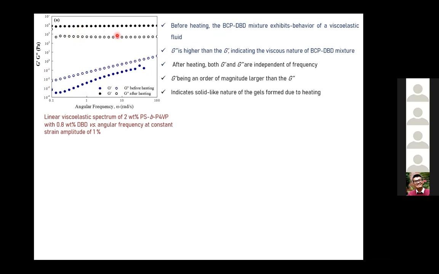Whereas after heating, you can see that G prime and G double prime are both independent of the frequency in which the experiment is carried out, and G prime is almost an order of magnitude greater than G double prime. This indicates that this gel has solid-like nature, and it is formed during this heating process.